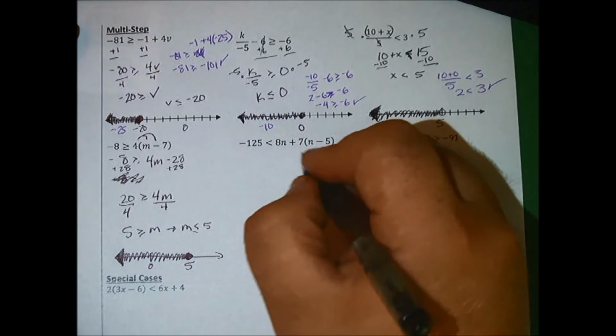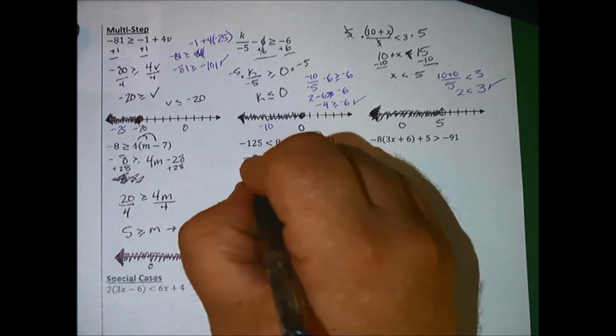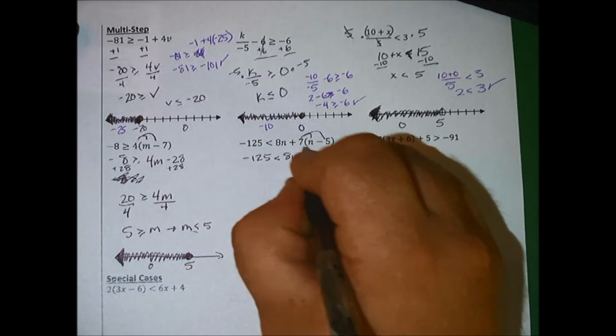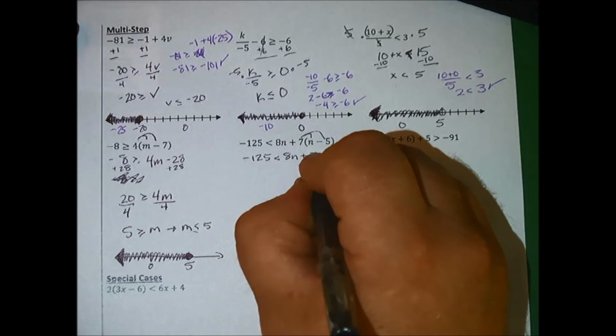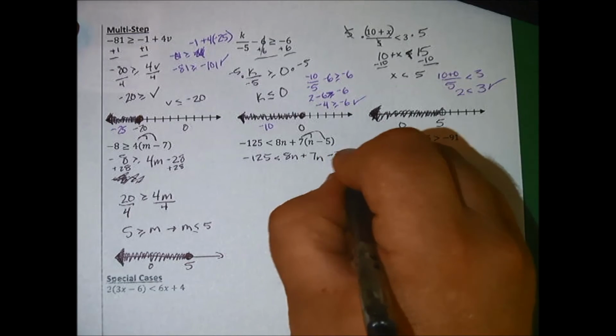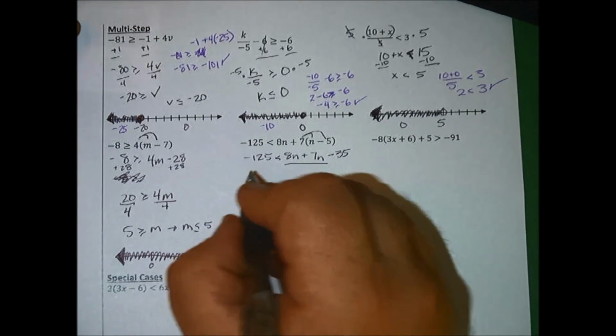All right, move on. Let's distribute first. Negative 125 less than 8n plus, here we have 7n, and there we have minus 35. First thing I'm going to do is combine my like terms here.